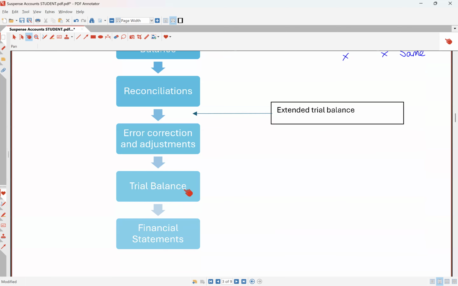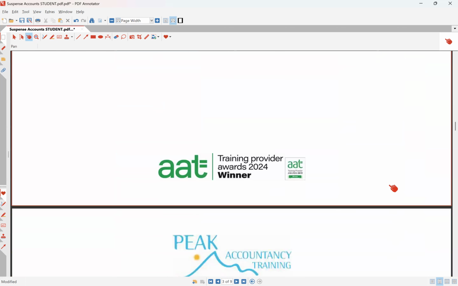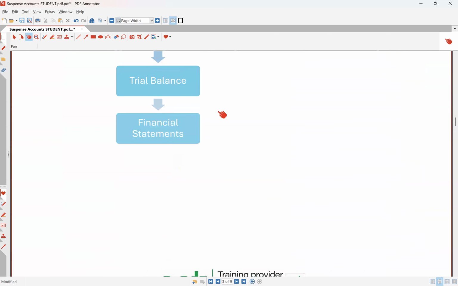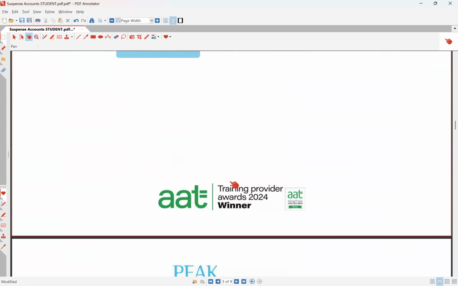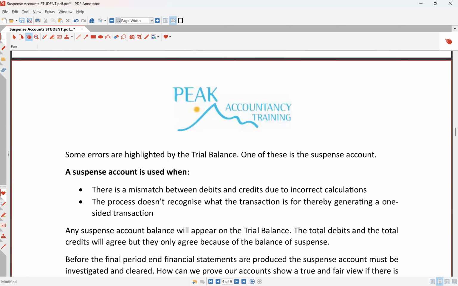Now, suspense accounts, but where do they fit into this process? Well, you should never have a suspense account at this stage. We don't want suspense accounts in our financial statements. Suspense accounts are temporary measures, and they arise really for a couple of reasons.